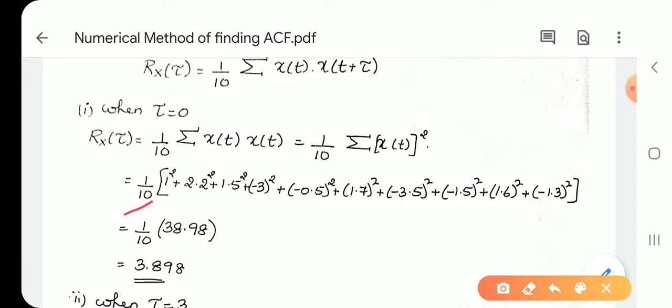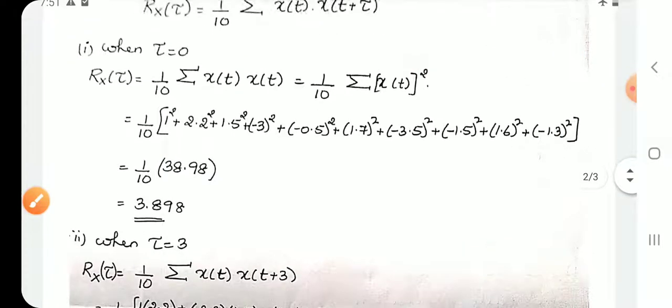We square each: 1 square, 2.2 square, 1.5 square, minus 3 square, plus minus 0.5 square, plus 1.7 square, plus minus 3.5 square, plus minus 1.5 square, plus 1.6 square, plus minus 1.3 square. If you simplify this, you get the value of Rx of tau as 3.898. This is the value of ACF at tau is equal to 0.